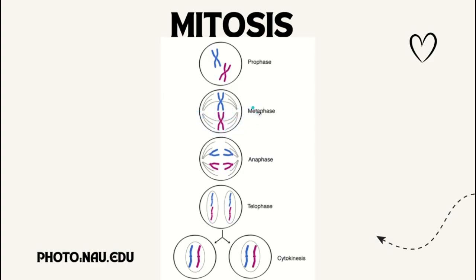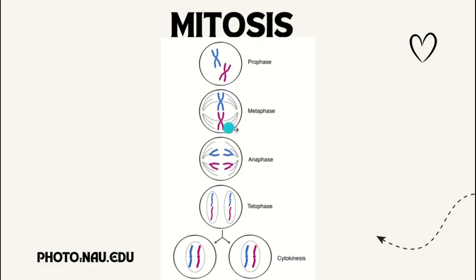Circle ball. And what's happening in metaphase is that the chromosomes become lined up at the equator. So this right here is the middle, the equator. It lines up right here, and from these centrosomes or centrioles, we're going to have these spindle fibers extending.